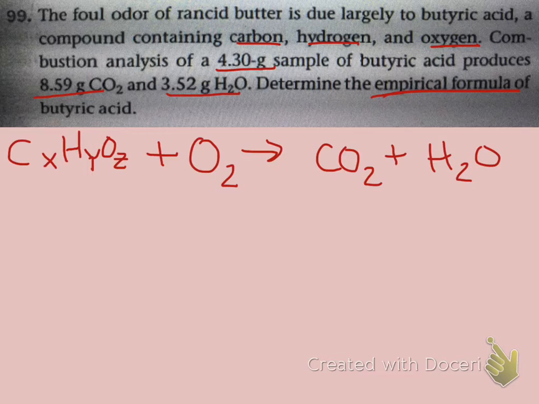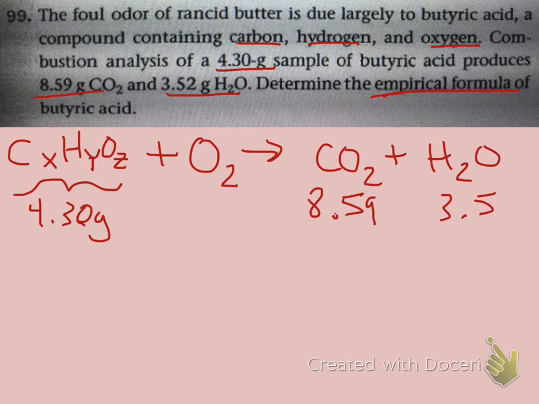In this case, oxygen shows up in every single compound. So we're going to have to determine the mass of the oxygen in our butyric acid after determining the mass of the carbon and hydrogen. We're told that the total mass of this sample is 4.30 grams, the total mass of the carbon dioxide is 8.59 grams, and the total mass of water is 3.52 grams.